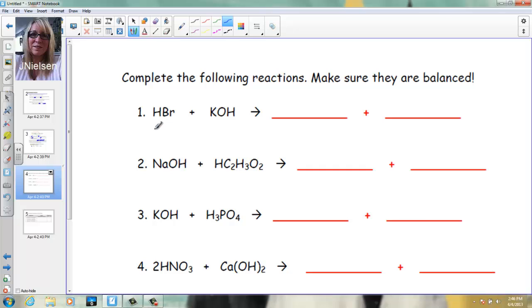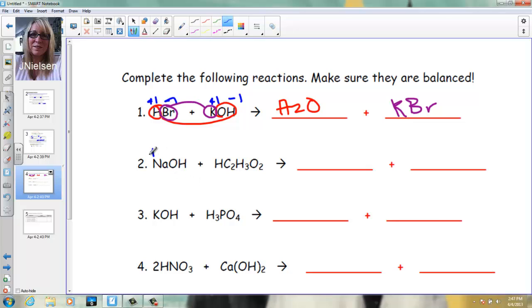Let's take a look at a couple of these examples. H is +1, Br is -1, K is +1, OH is -1. So my plus is going to go with my negative to form water, and my plus is going to go with my negative to form a salt. So KBr. This is +1 and -1, so I don't have to do any other work in this problem.